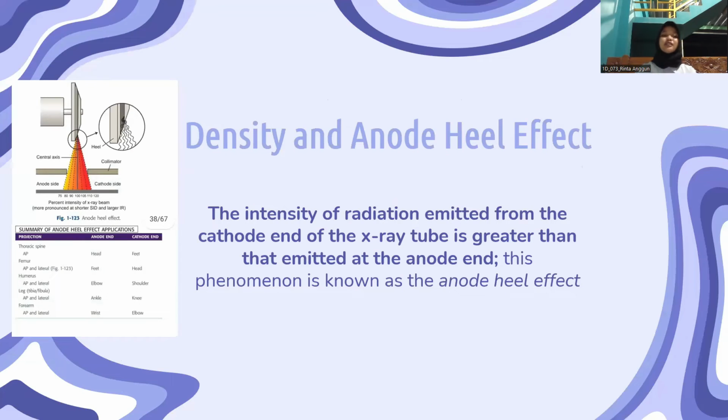And the last slide is density and the anode heel effect. The intensity of radiation emission at the cathode end of the X-ray tube is greater than at the anode end. This phenomenon is known as the anode heel effect.